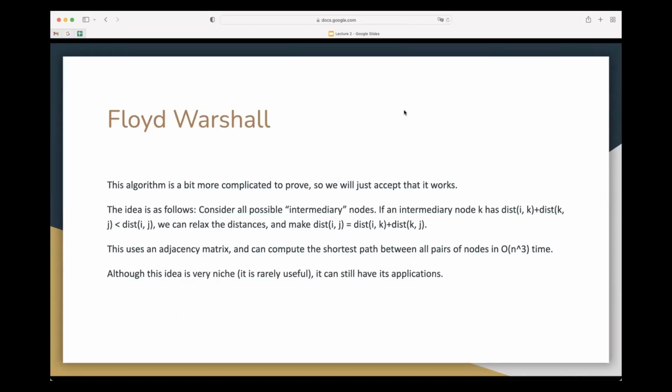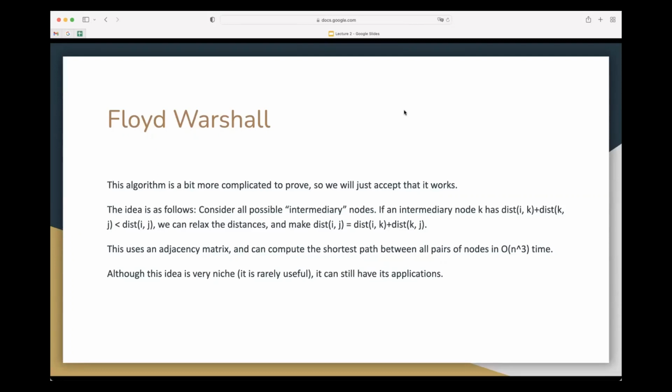So essentially, let's say there are only some certain nodes that can be intermediary nodes, then you don't really know how to use Dijkstra's. It's kind of hard to use Dijkstra's on that. But if only some certain nodes can be intermediary nodes, well, that perfectly fits in Floyd Warshall.